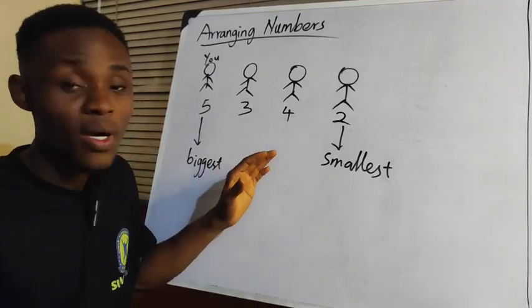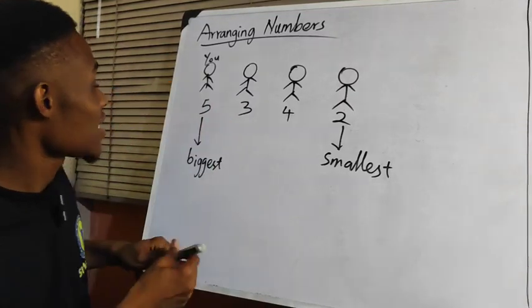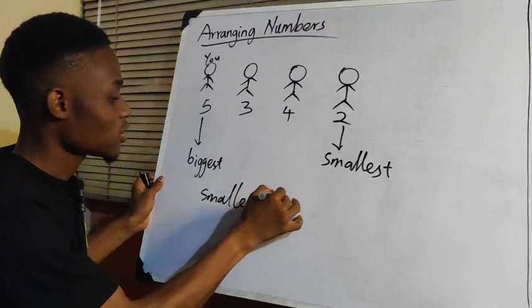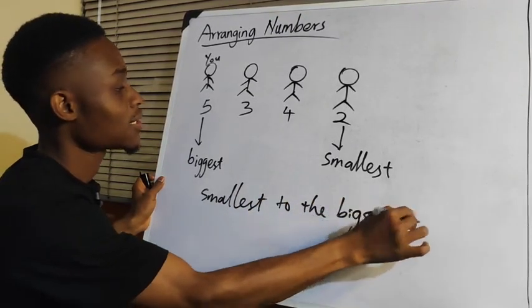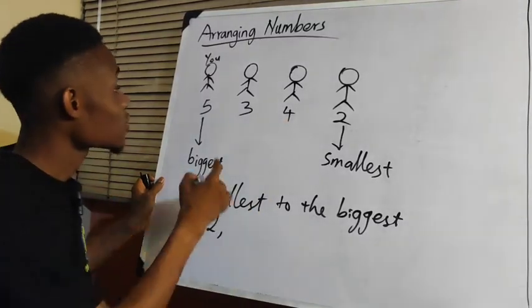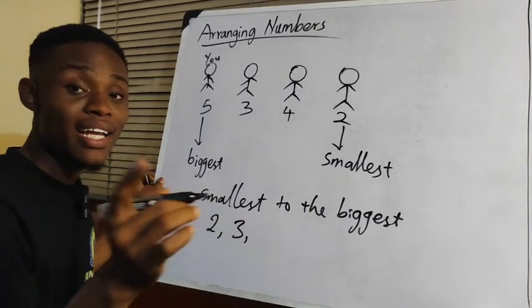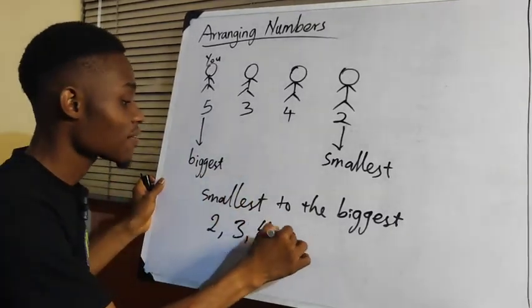So, if we are going to go from the smallest to the biggest here, okay, let's do it, smallest to the biggest. The person with the smallest is 2. The person following 2 is 3, and the person following 3 is 4, and the person following 4 is 5.